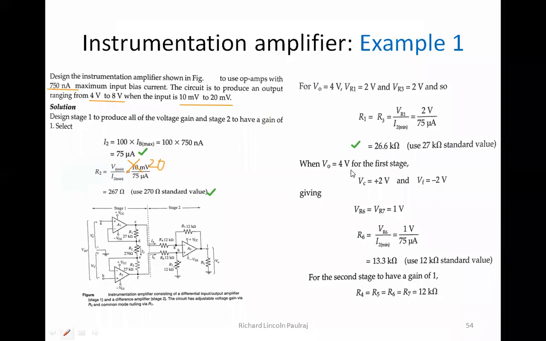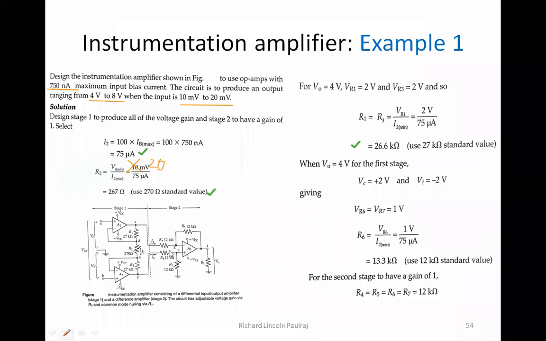If we are considering this 4 volts, so VR6 is going to be across resistor R6. So we are going to find the voltage across R6.